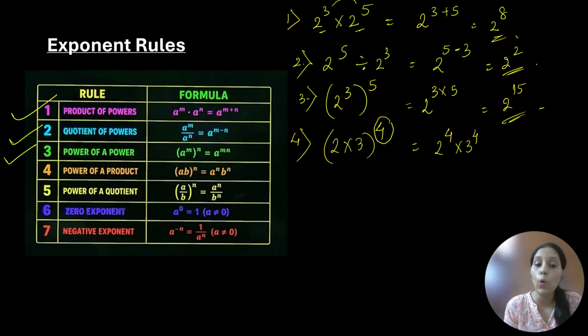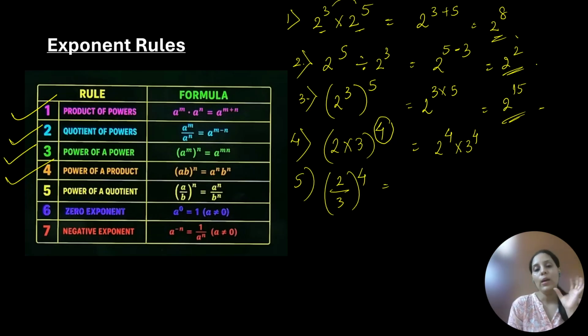So ab whole power n is a power n into b power n. The power is given to every number that's inside. Same goes with division, power of a quotient. So 2 by 3 whole power 4. Since you have brackets, the power belongs to both numerator and denominator.